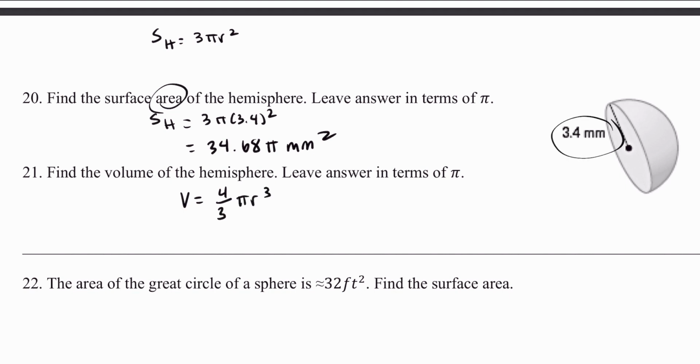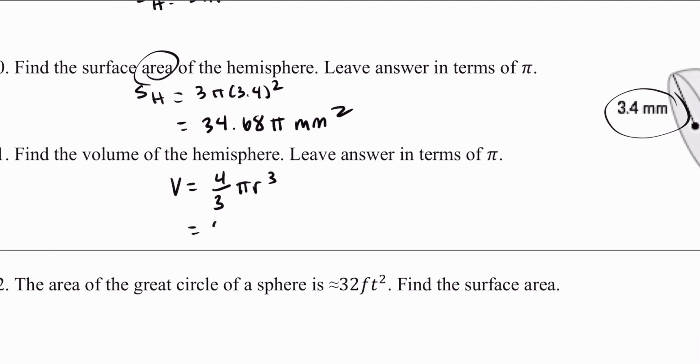The radius is 3.4. So 4/3 pi times 3.4 raised to the third power. So I'm going to do 3.4 to the third power.